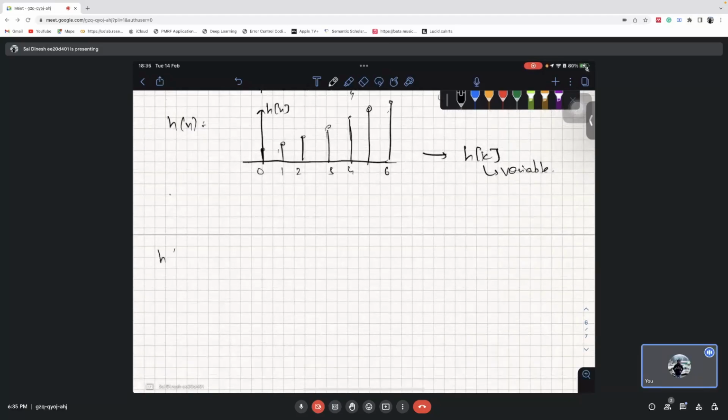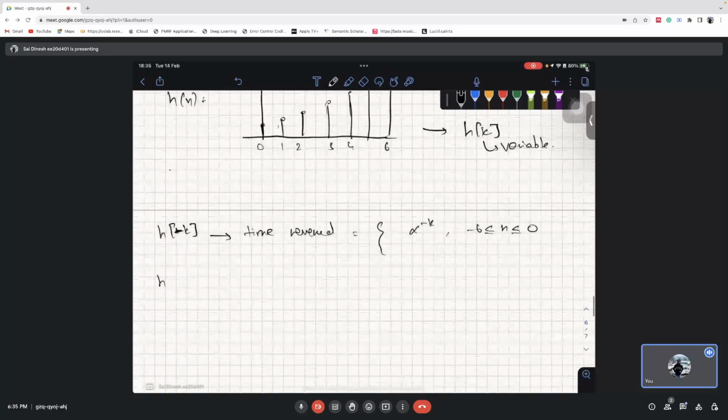So h of minus k is the time reversed, which is equal to alpha power minus k for minus 6 less than or equal to n less than or equal to 0. And then h of n minus k is again a shifted version.